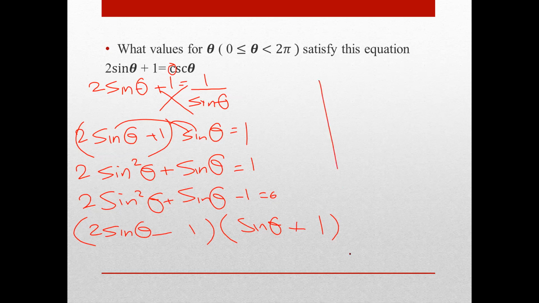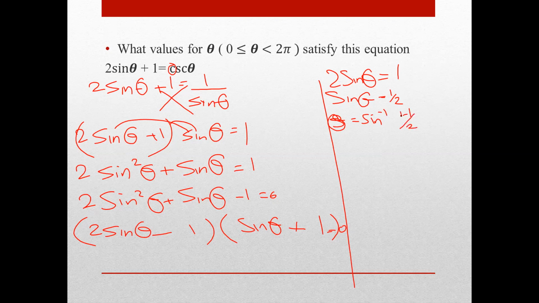Then these equal 0. So 2 sine theta minus 1 equals 0, which means 2 sine theta equals 1. So sine theta is 1 over 2. So theta is sine inverse of positive 1 over 2. At which angles do we have positive 1 over 2? At angle 30. So theta is 30.